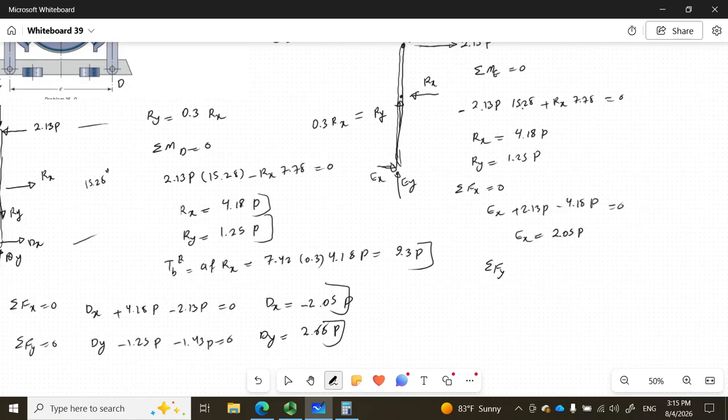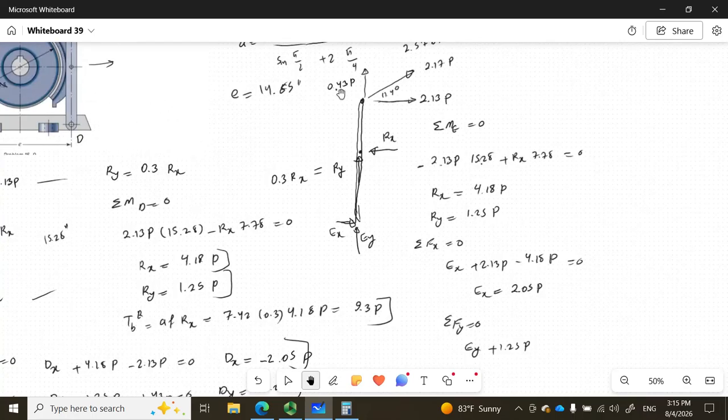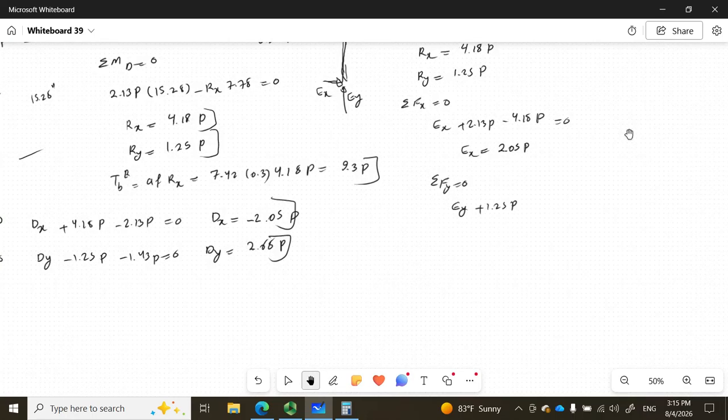Summation of forces in Y must be 0. So Ey is going up, Ry is going up, 1.25 P. And then who else? 1.43 P is going up too.